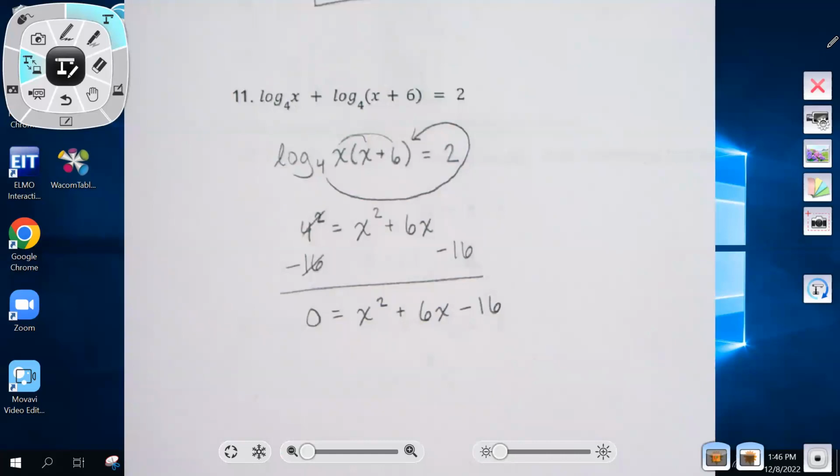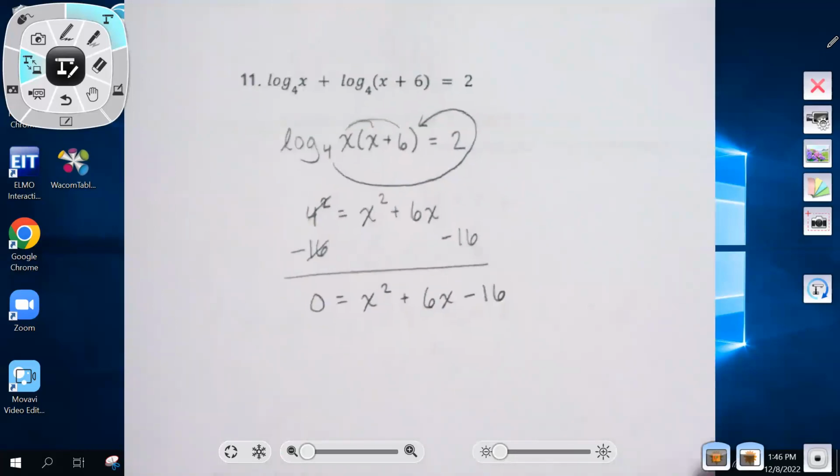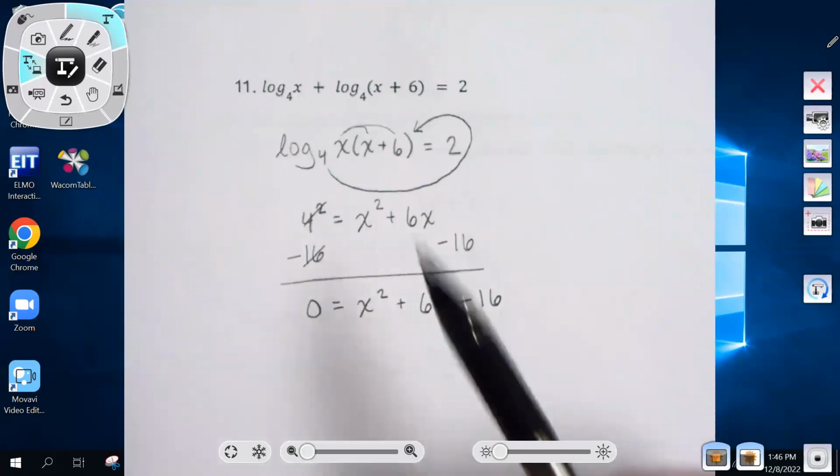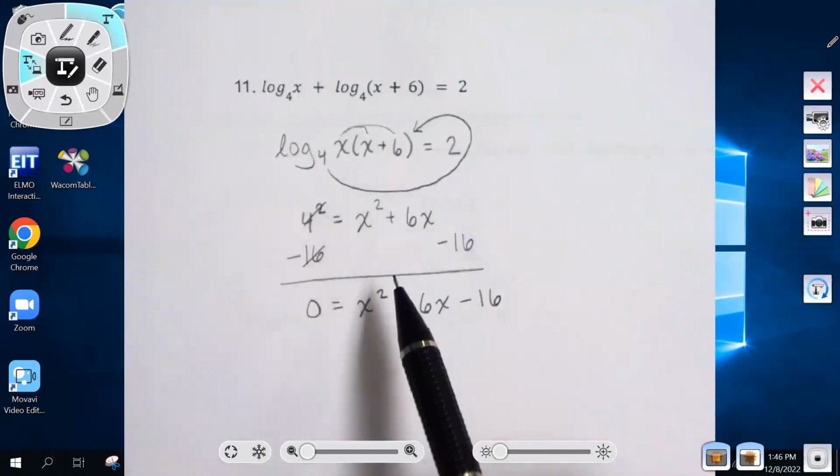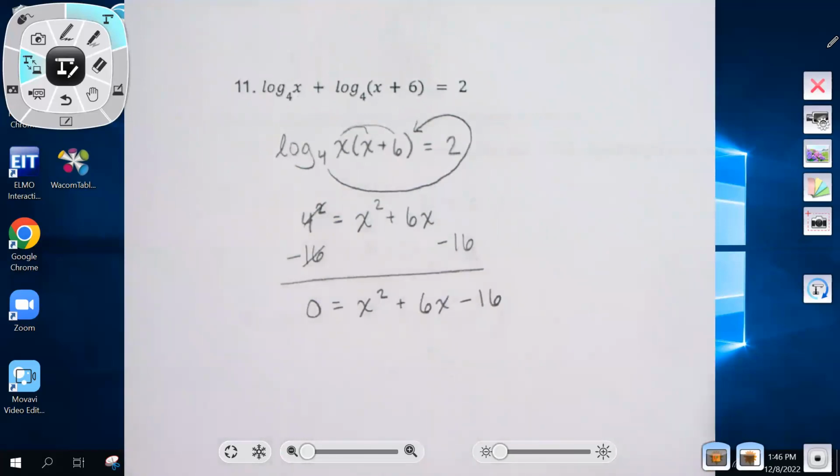I'll go ahead and tell you, your semester test will be in the exact same format as this review, even down to the fact that on number 11 on the test, that will be the one you have to factor on.